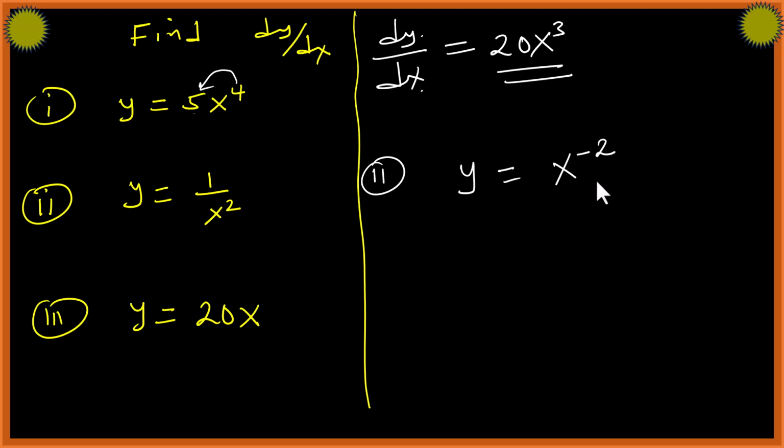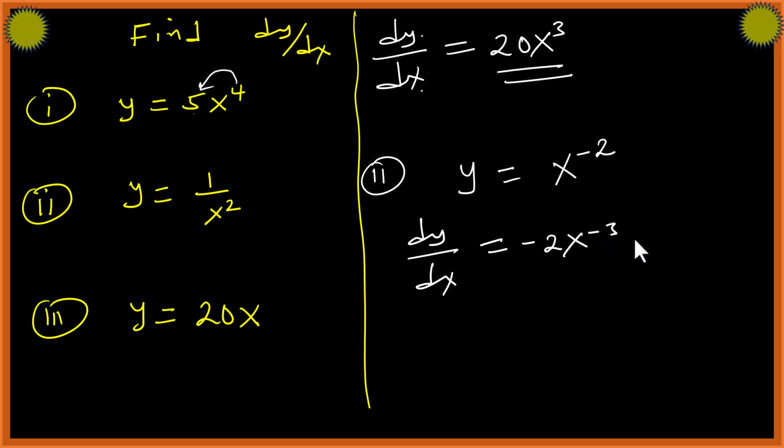So let's go ahead and differentiate with respect to x. I'll just multiply by minus 2, so I'll have minus 2x, and minus 1 will be minus 3.